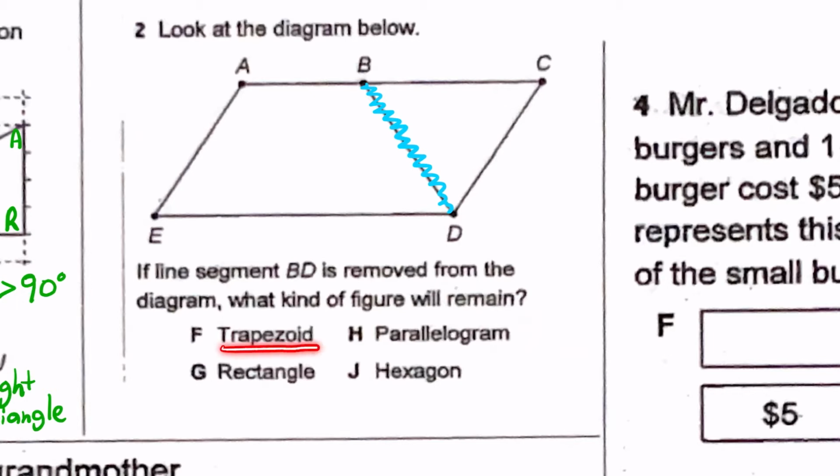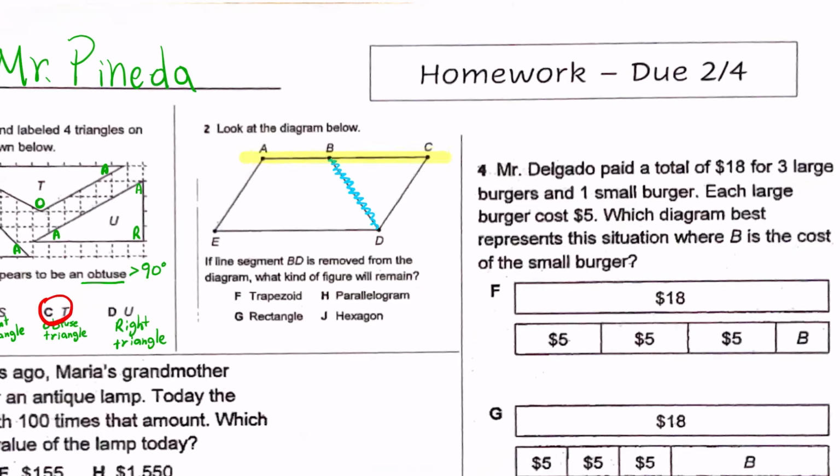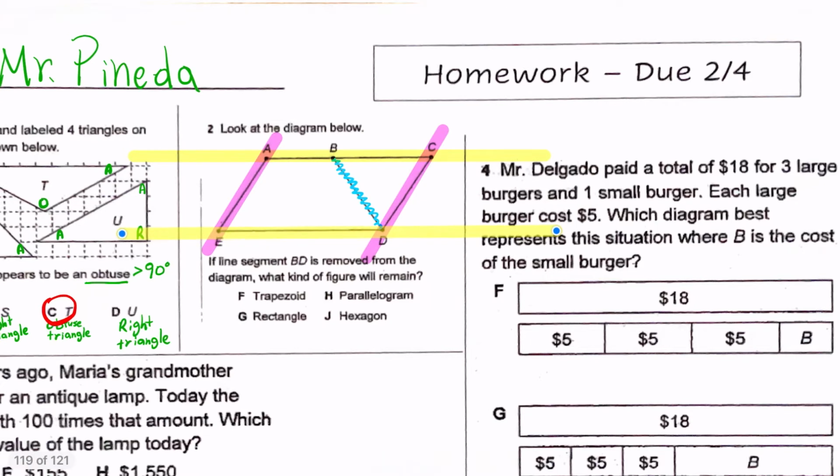A trapezoid is a shape that has only one set of parallel lines. So here we have one pair, and that's one pair of parallel lines. And then here we have another pair of parallel lines. So that means that my yellow pair of lines, it doesn't matter if they keep going this way, they're never going to touch each other.